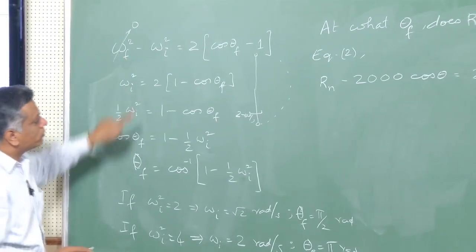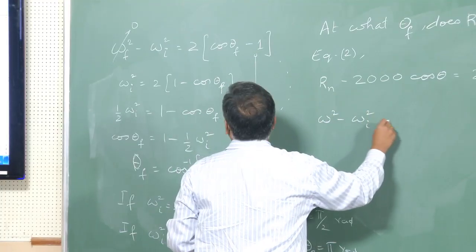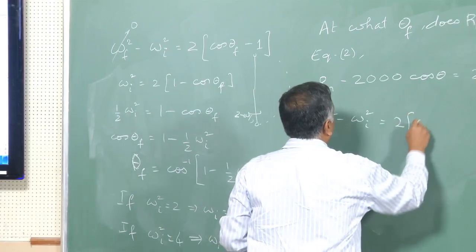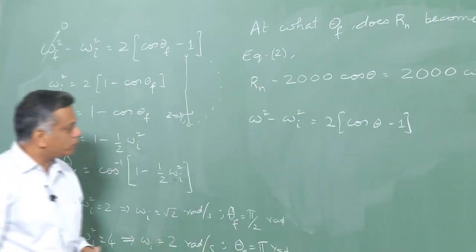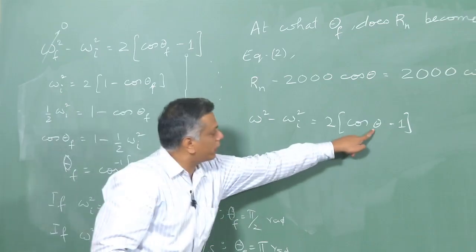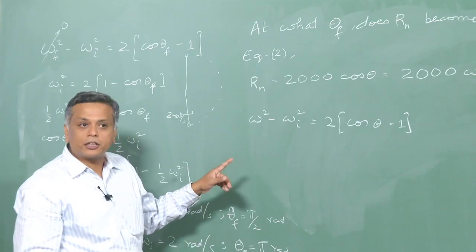So from here, omega squared minus omega I squared equals 2 times cosine theta minus 1. So at any theta this gives me the corresponding omega. This comes from our work energy relationship.